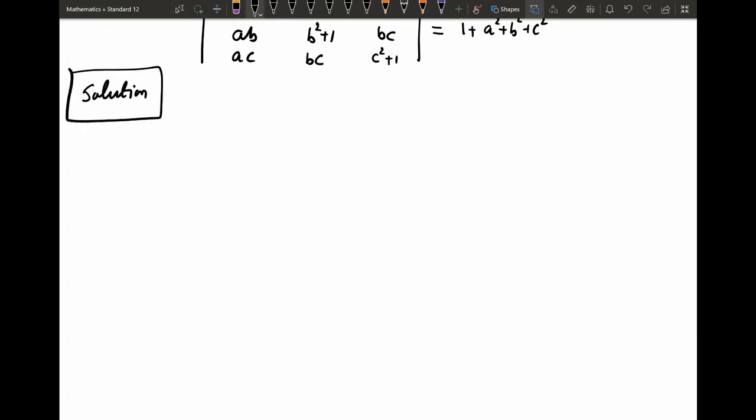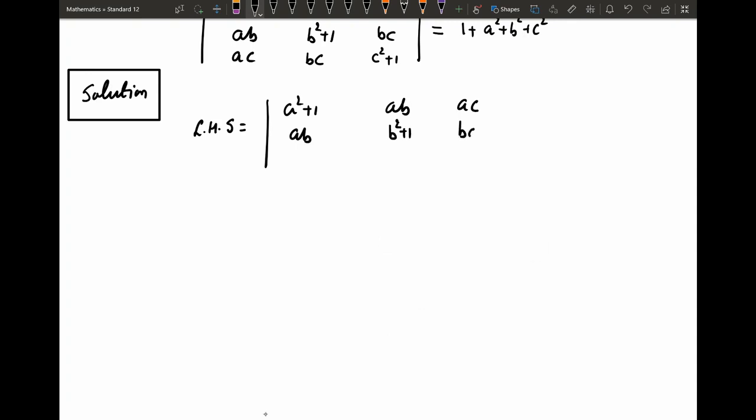So in the solution we will prove LHS equal to RHS. So LHS is the determinant with rows a square plus 1, AB, AC; AB, b square plus 1, BC; CA, BC, and c square plus 1.